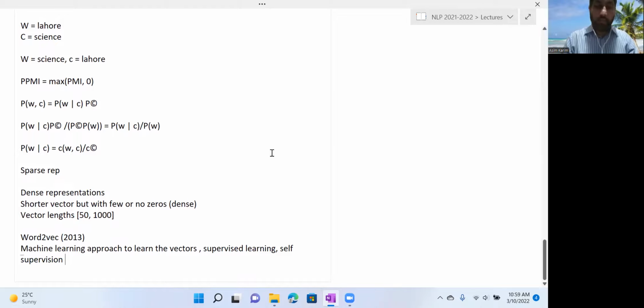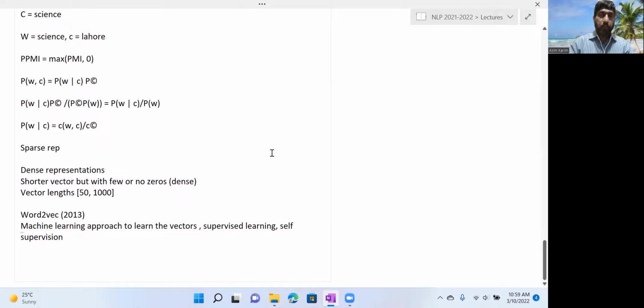Okay. So let's now move on to what the idea is. Actually, these people proposed two techniques for generating these representations. One is called skipgram, and the other is called continuous bag of words. Of course, these names are not very intuitive, but that's how they have used it.